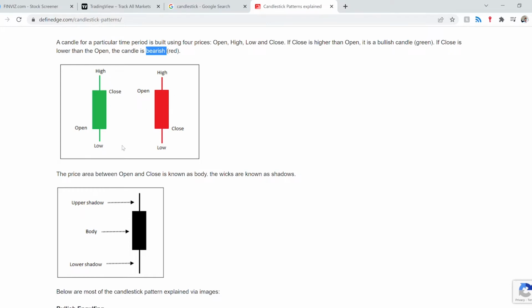Now, candles represent either the day from when the day started to when the day ended, or an hour where the hour started and the hour ended, or a minute, or a 15-minute period or a 30-minute period, or a 1 week or 1 month. So when you're looking at the chart, make sure you're looking at the right time frame, and you want to choose a time frame that suits your expectations.